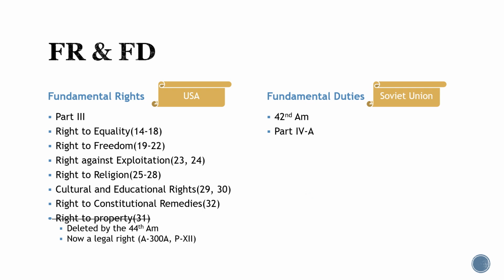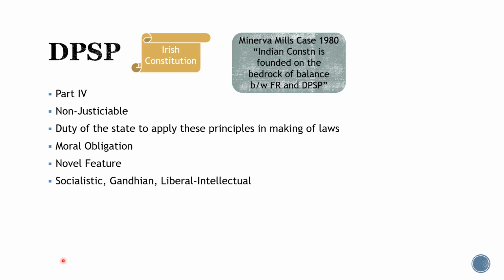So we have DPSP, which is Directive Principles of State Policy. These are borrowed from the Irish Constitution, and they are Part 4 of the Constitution. These are non-justiciable, but they are sort of a moral obligation for the Constitution.